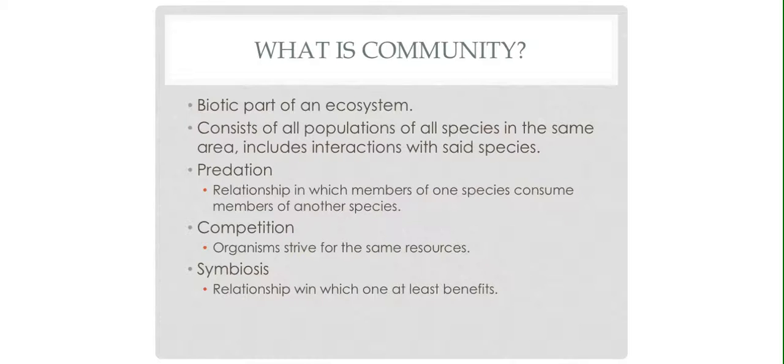The next relationship I want to talk about is competition. And you probably already know what this means, but it's where more than one organism are fighting for the same resources. So the resources might be food, water, or even just space to live in. So there are two different types of competition. One's known as intra-specific competition, and this occurs between members of the same species.